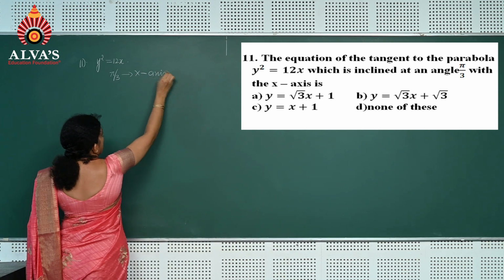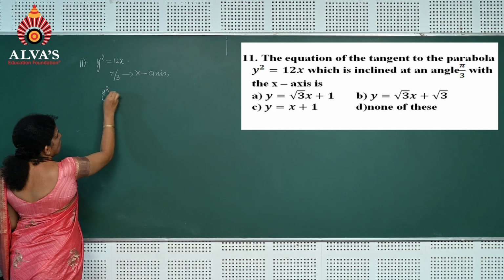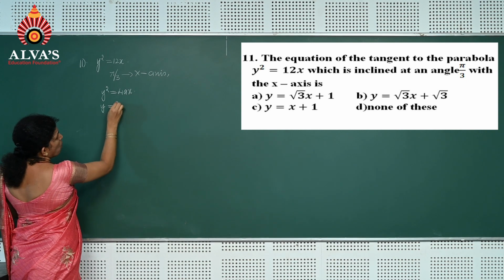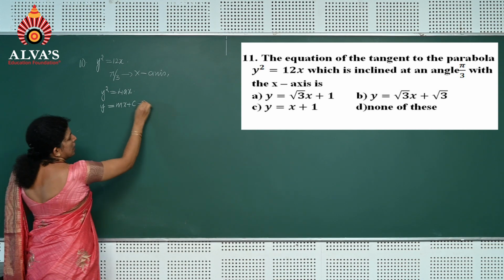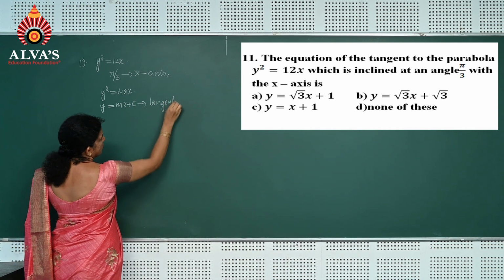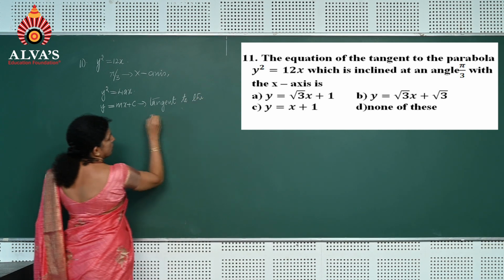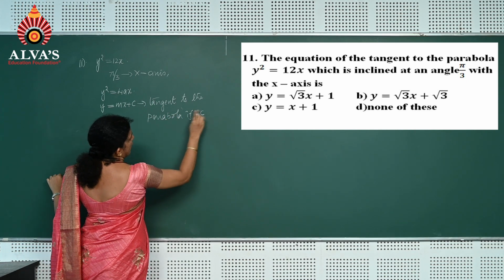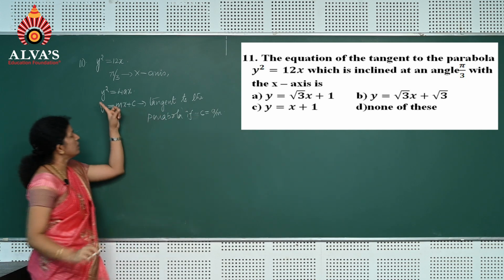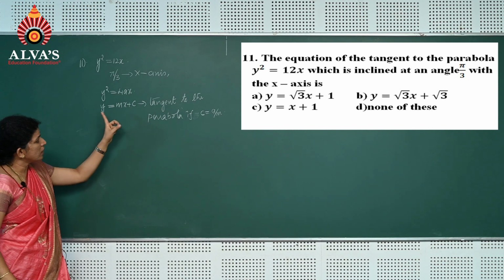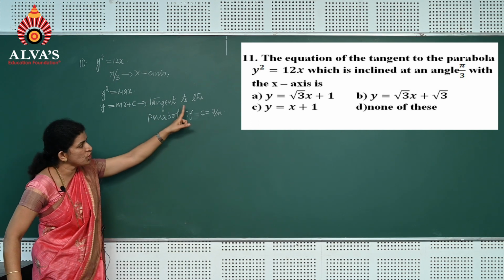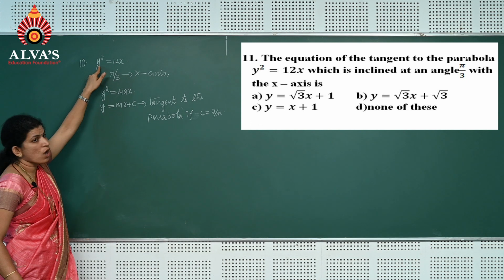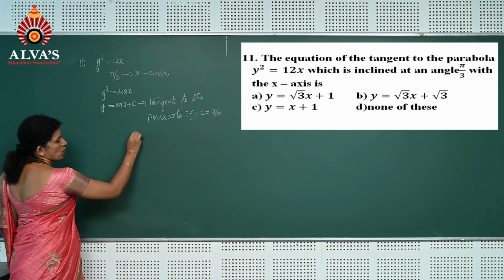See here, y² = 4ax is the standard equation of the parabola, and we know the line y = mx + c is a tangent to the parabola if c = a/m. We want the equation of such a tangent to the parabola y² = 12x.